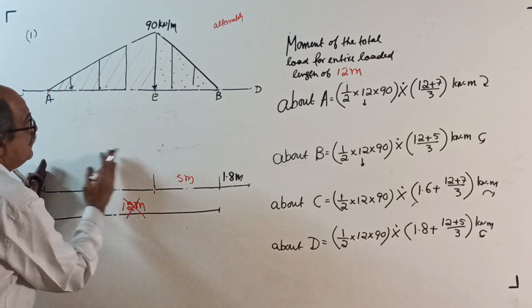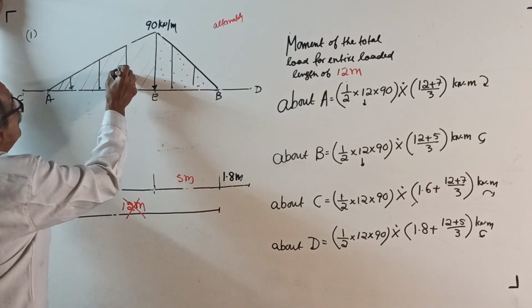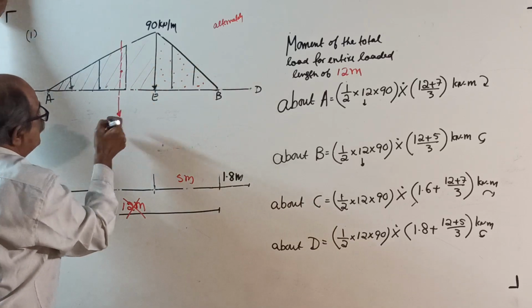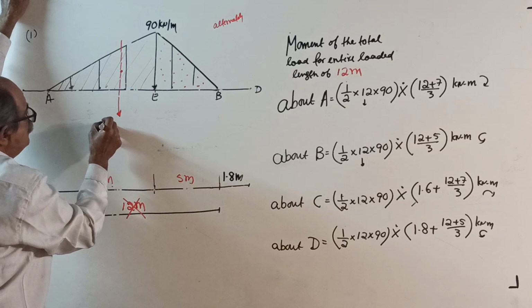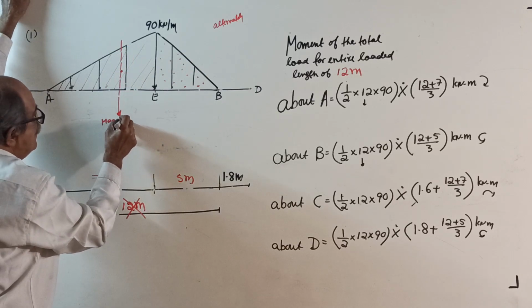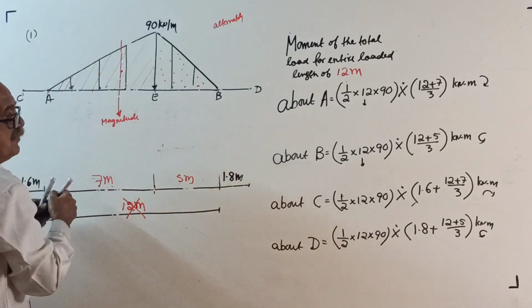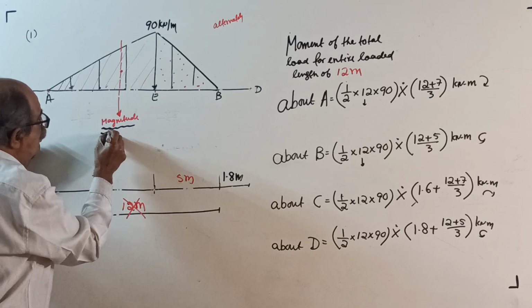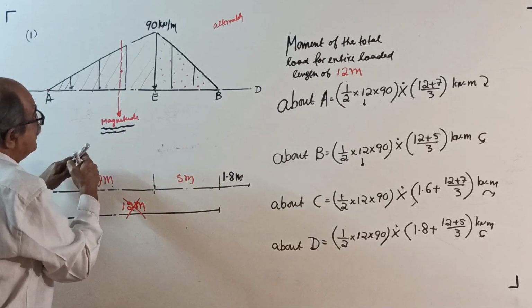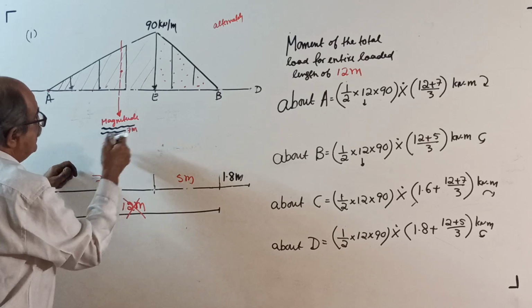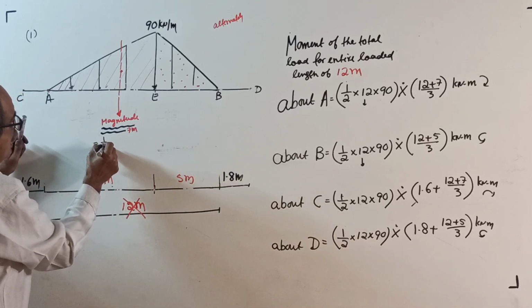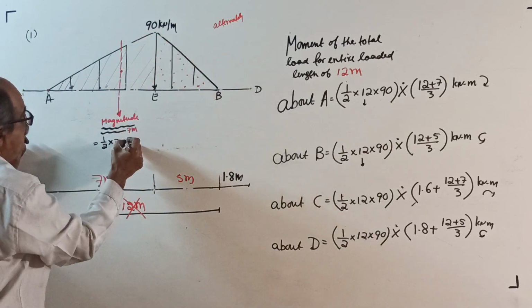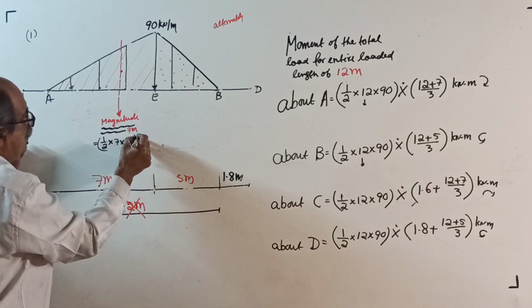See, first write. For the 7 meter length, for this portion, the total load is here. You should write the magnitude. Now I have put dash for the total load for a loaded length of 7 meter, equal to half into 7 into 90 kilonewton, down.